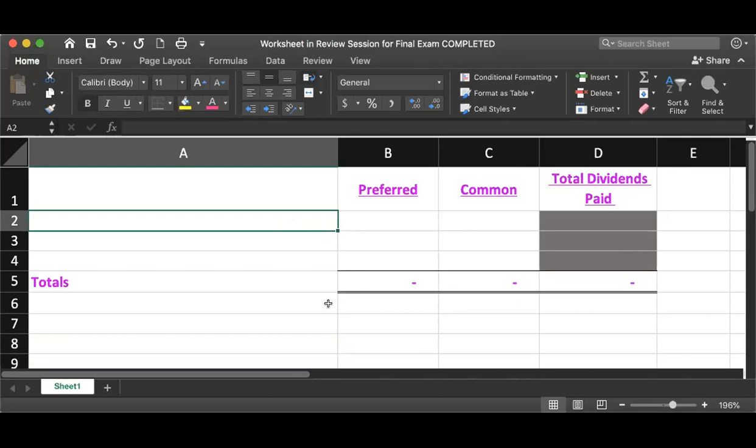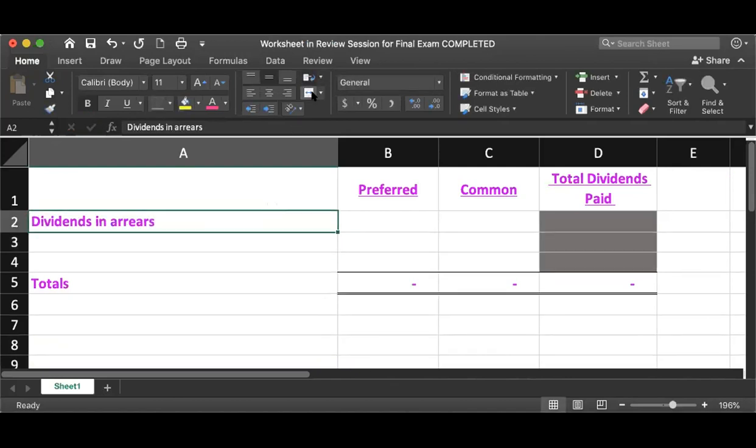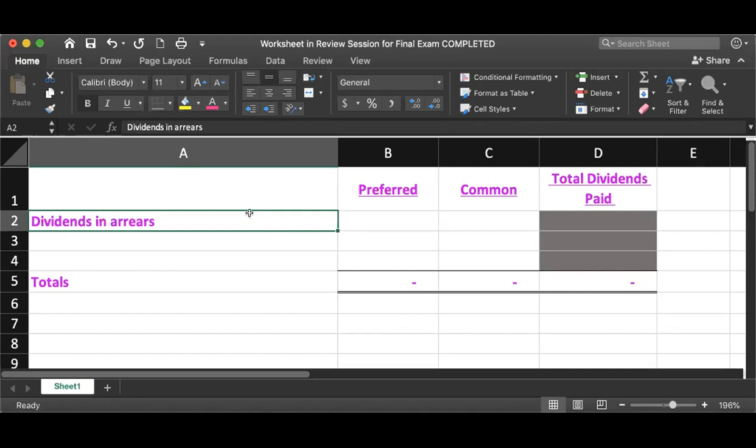All right, so the dividends in arrears for the preferred shareholders. Let me say here the preferred dividends in arrears, that's going to be equal to 2 years in arrears.